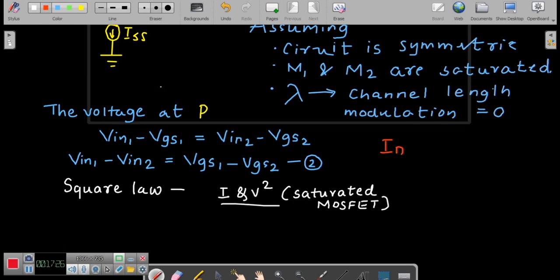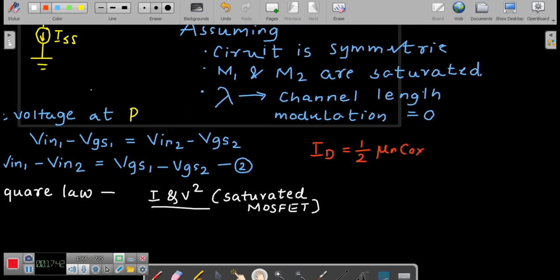ID, the drain current, whenever the MOSFET is conducting in the saturation region, it is given by half mu n COX into W by L into VGS minus VTH whole square, as per the square law.